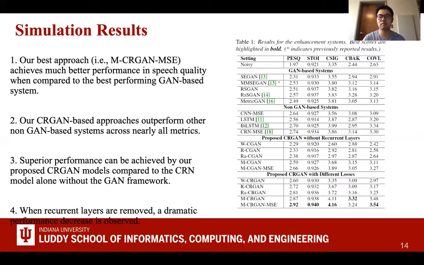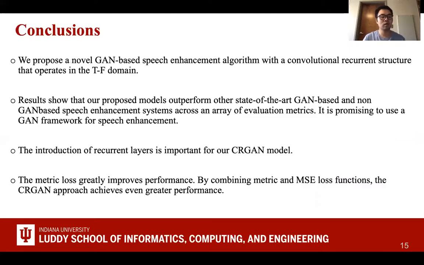So in conclusion, we proposed a novel GAN-based speech enhancement algorithm with a convolutional recurrent structure that operates in the time-frequency domain. The results show that our proposed models outperform other state-of-the-art GAN-based and non-GAN-based speech enhancement systems across an array of evaluation metrics, and it is promising to use the GAN framework for speech enhancement.